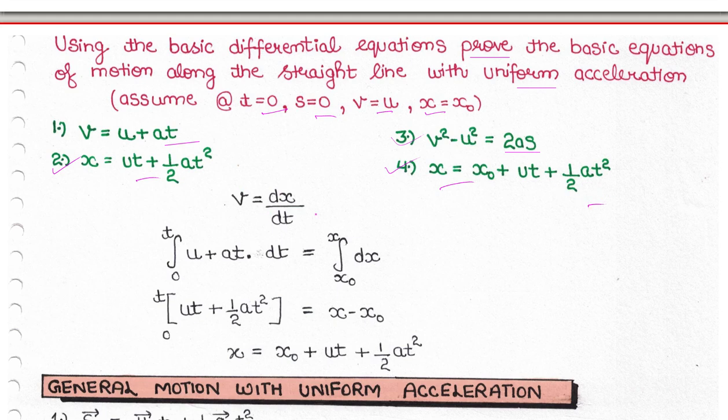We put v is equal to dx/dt, integral from 0 to t of (u plus at) dt is equal to integral from x0 to x of dx, or ut plus half at square from 0 to t is equal to x minus x0, and x is equal to x0 plus ut plus half at square. And equations 1, 2, 3 we have already proved above in the notes.